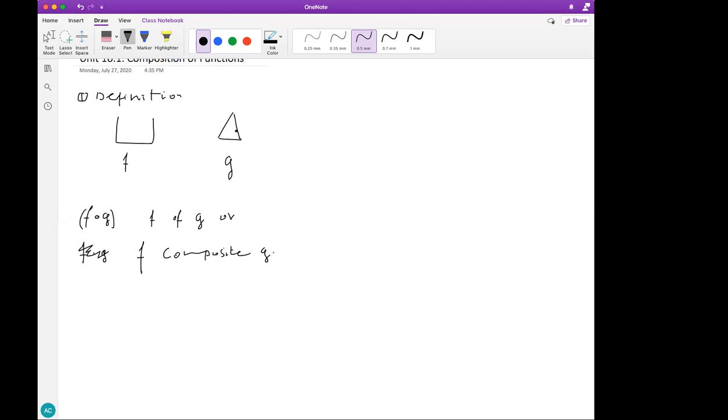So when you want to find F of G, it's basically just plugging the second function into the first one. That's all it is. We take whatever function this is, we plug that into the function. The result will look something like this. This is just a visualization, so it's not in the actual functions.